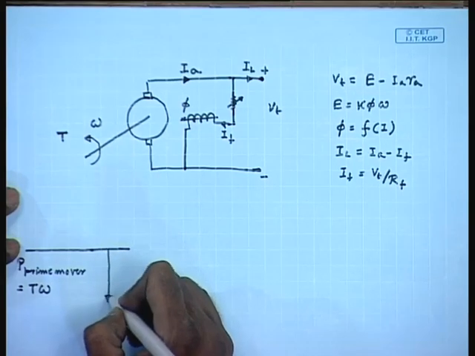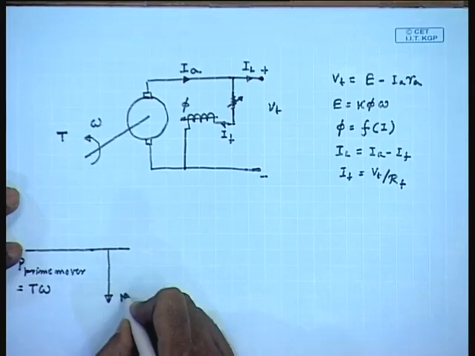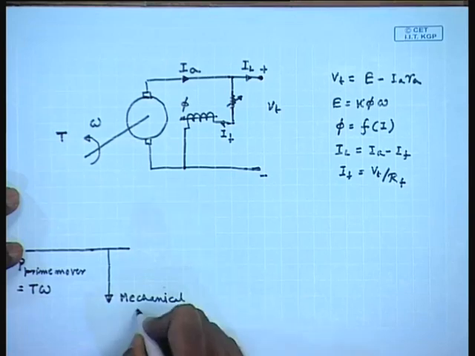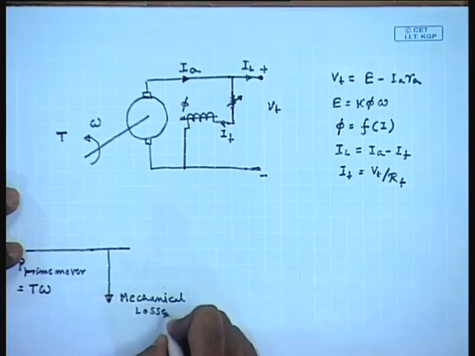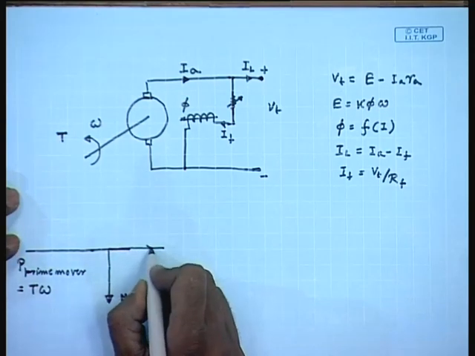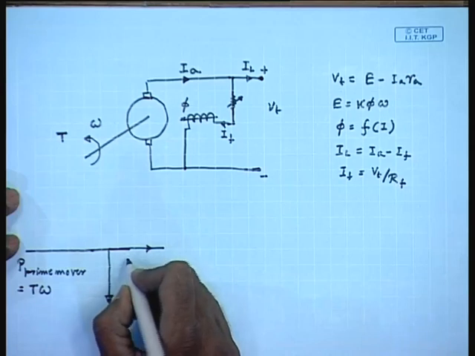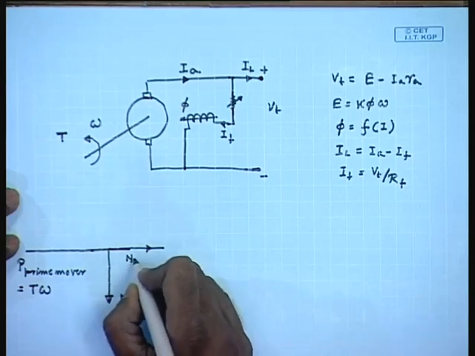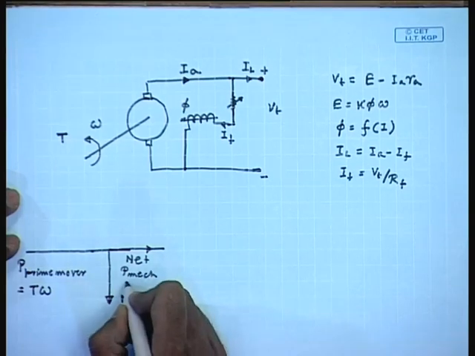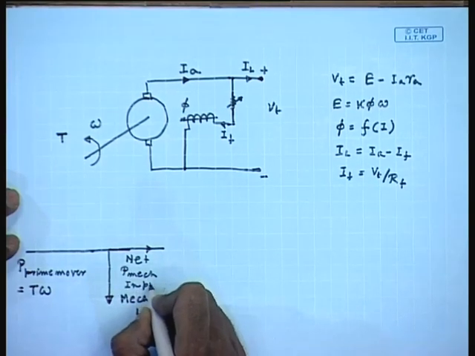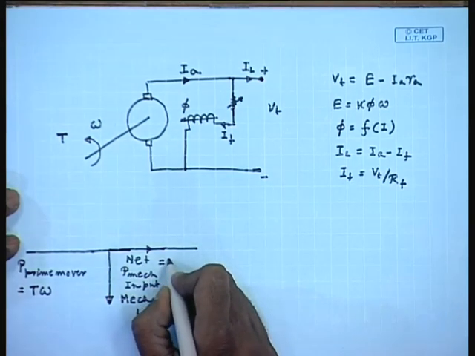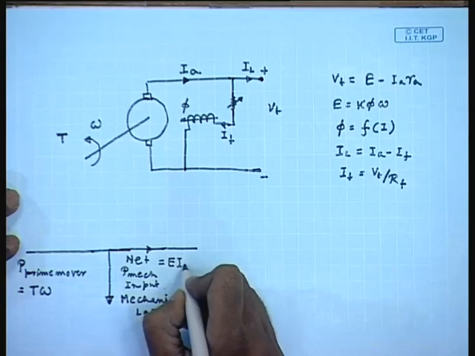So, this part goes out as mechanical losses. This is the net mechanical power input to the generator, which is equal to E Ia.